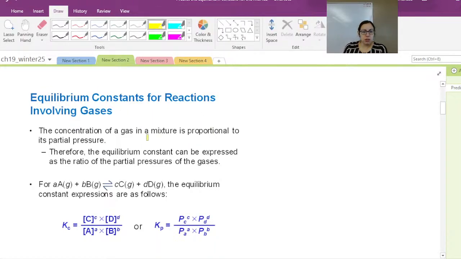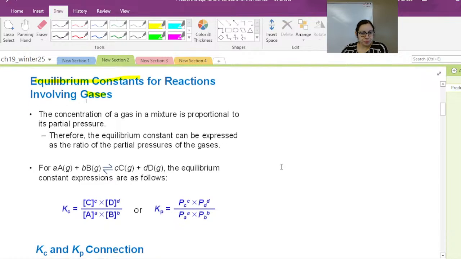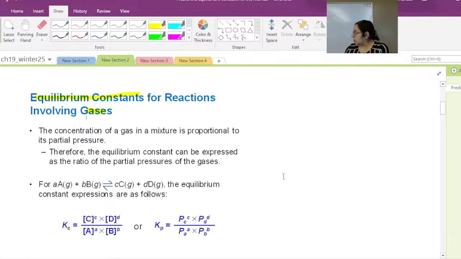And so now we just want to make the relationship of our equilibrium constant to gases. Like I said, you can either use molarity or we have our gas law expression, and there's a little nuance between them.